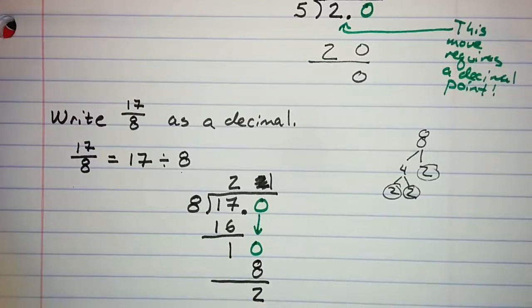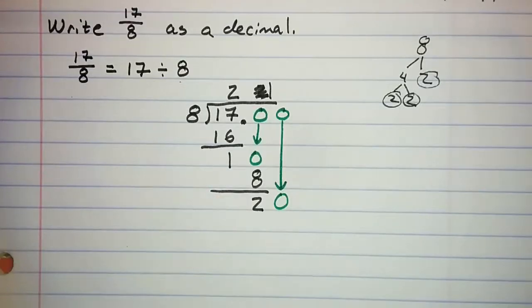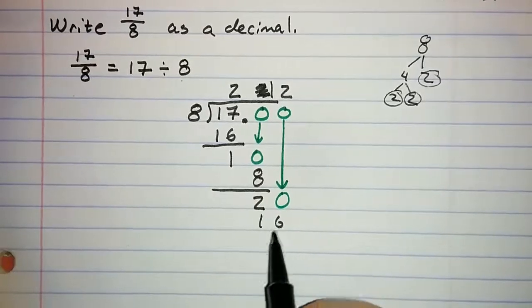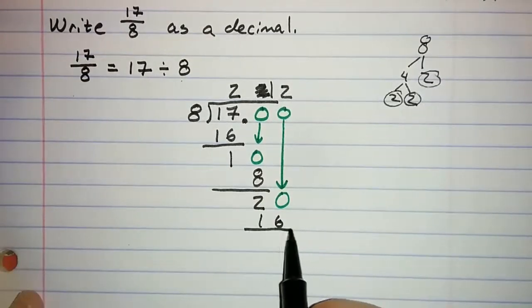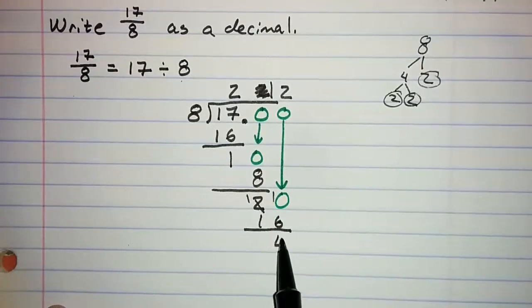There's still something left, so I need another 0. 8 goes into 20 twice, as 2 times 8 is 16. 20 minus 16, that's 4.